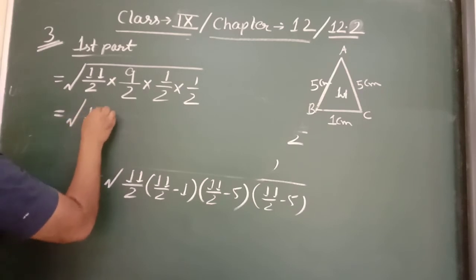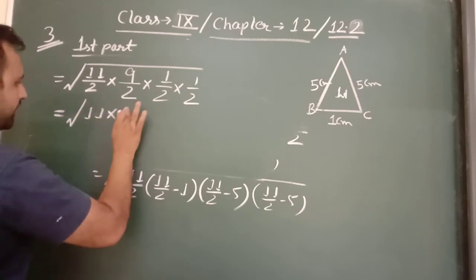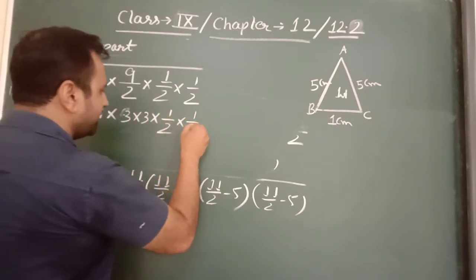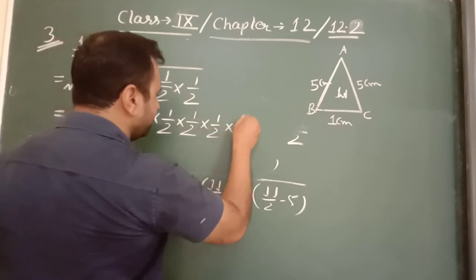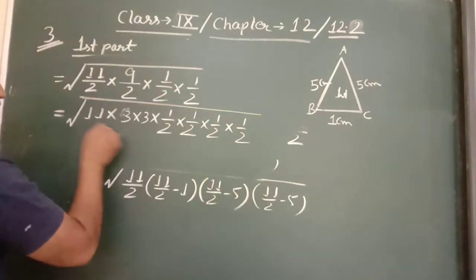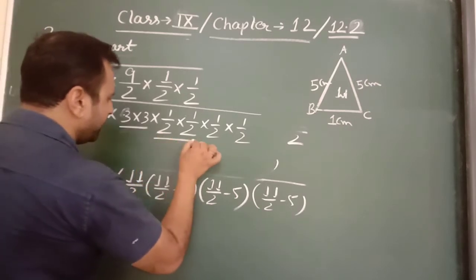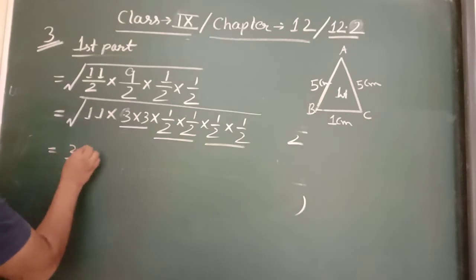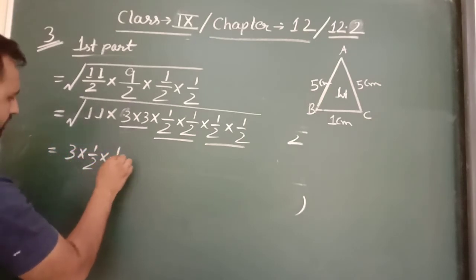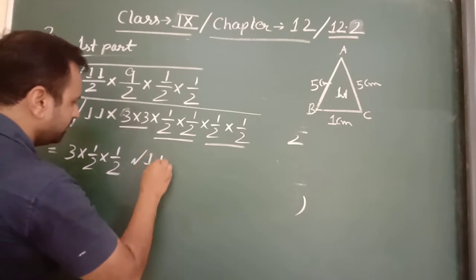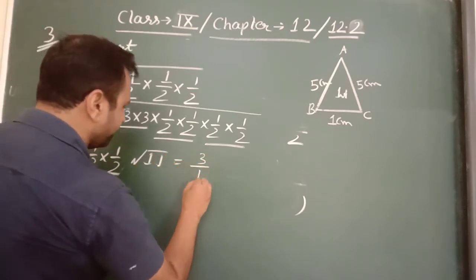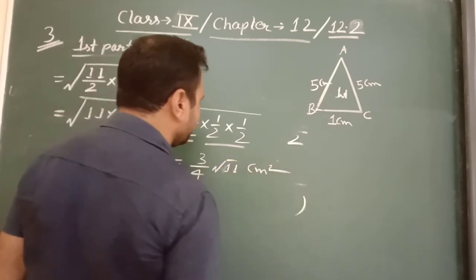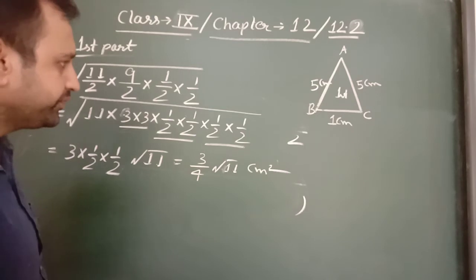We make pairs of the same numbers: 9 can be broken into 3 multiply 3, and 1 by 2 multiply 1 by 2 multiply 1 by 2. So a pair of 3, and a pair of half also. From each pair, one number comes out from under the root. So what is the value? 3 upon 4 root 11 centimeter square. It is the area of the first part.